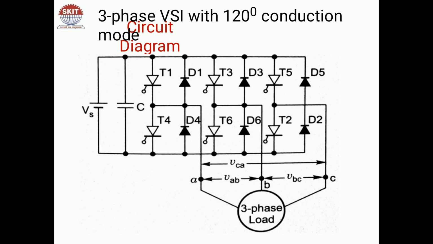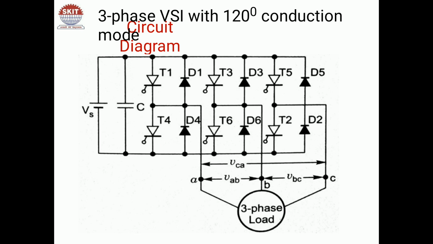There are 3 legs. Each leg consists of 2 SCRs, such as the first leg associated with T1 and T4, the second leg associated with T3 and T6, and the third leg consists of T5 and T2.